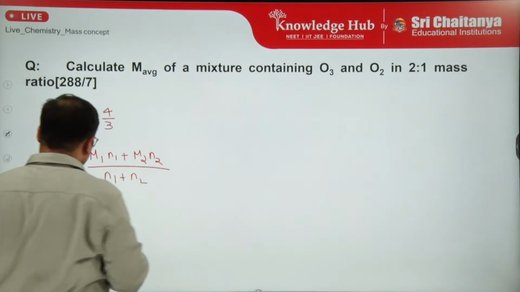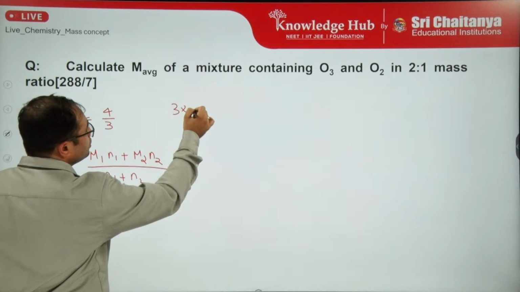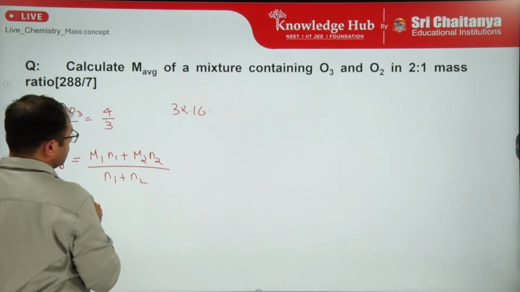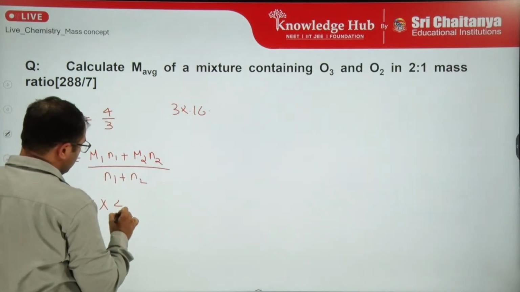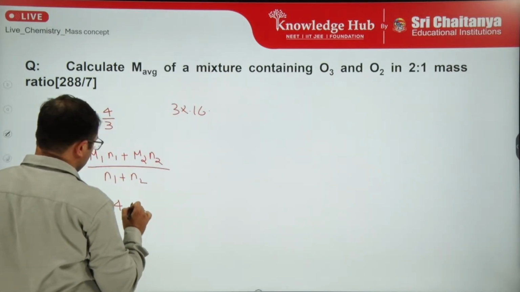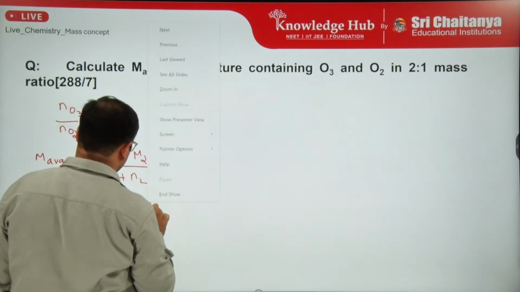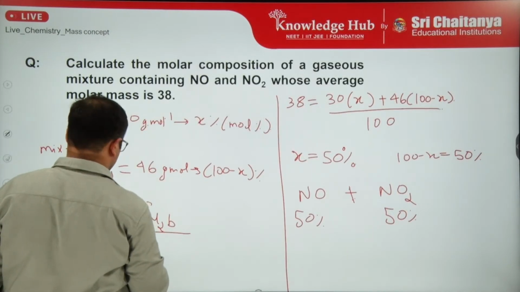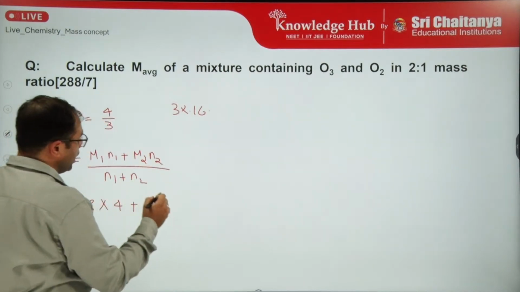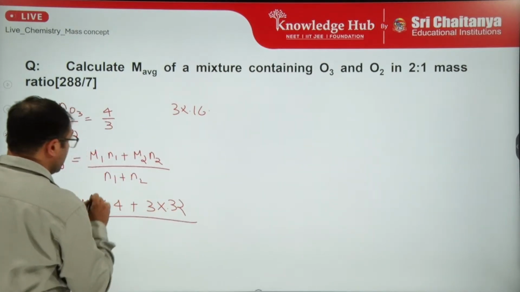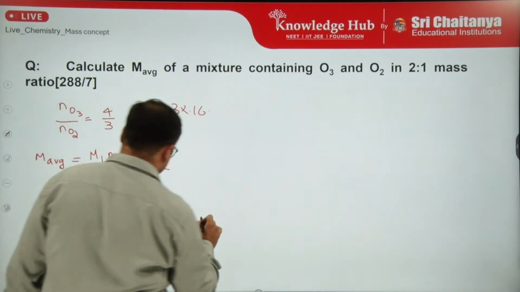It was 48, multiplied by 4, plus 3 multiplied by 32, divided by 4 plus 3, which is 7.